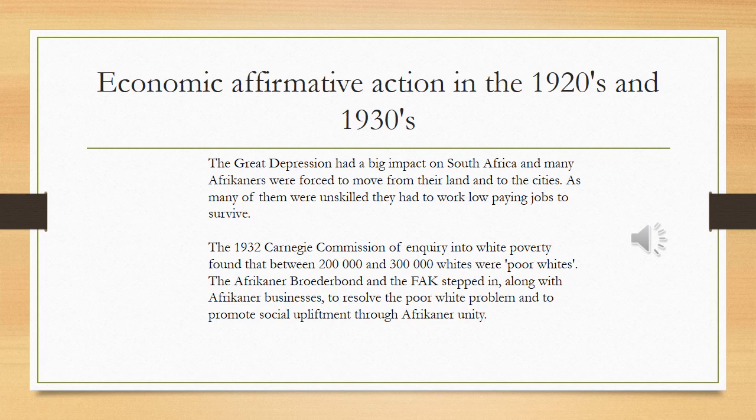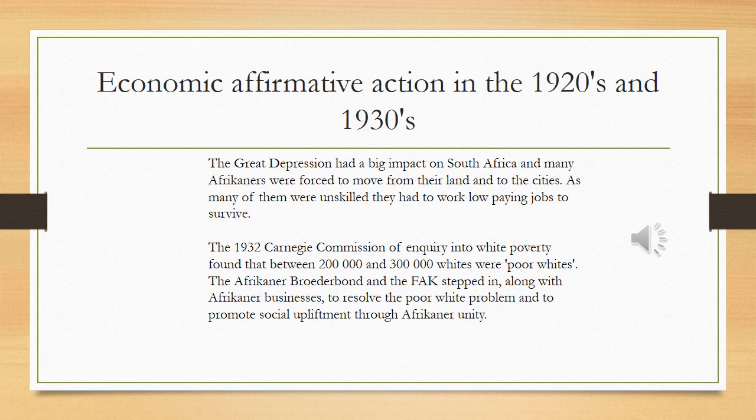This Great Depression had a very big impact in South Africa, and it resulted in many Afrikaners being forced to move from their land and to go and stay in the cities. Many of them were very unskilled because they had their own land in the rural areas. But now in the cities, they have to work to earn a living, so they had to work low paying jobs in order to survive.